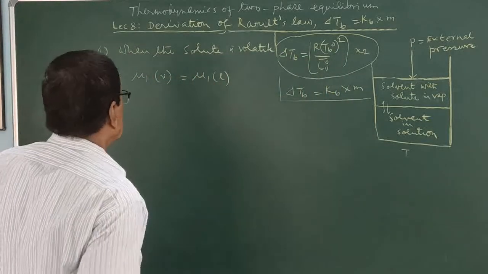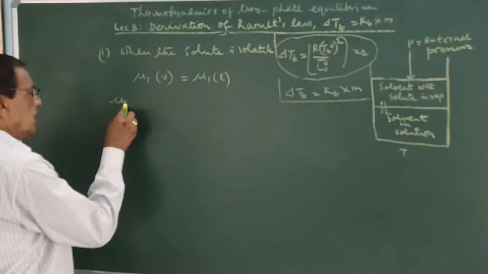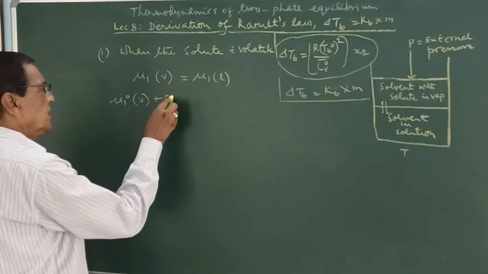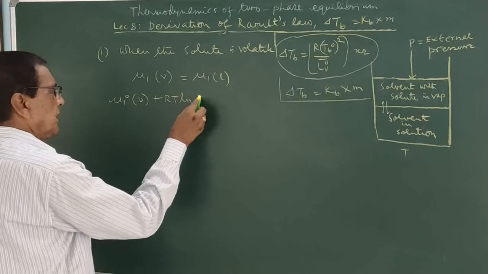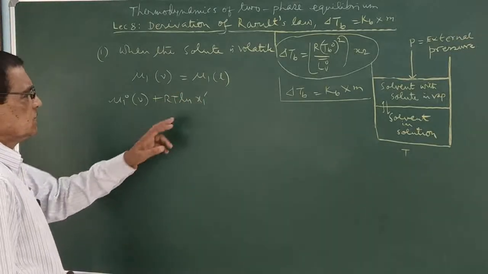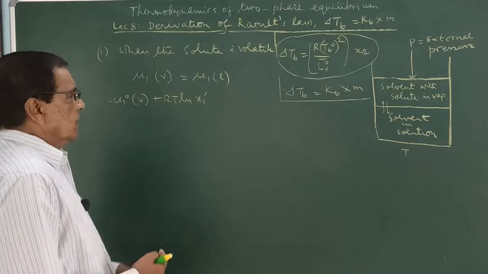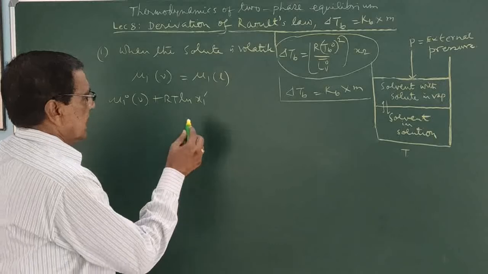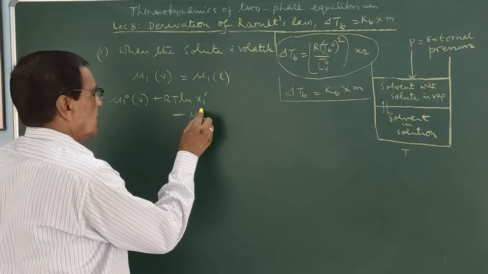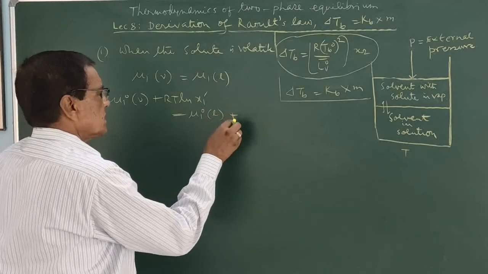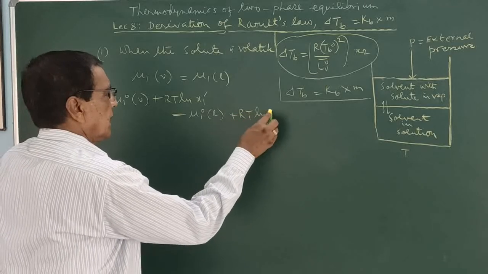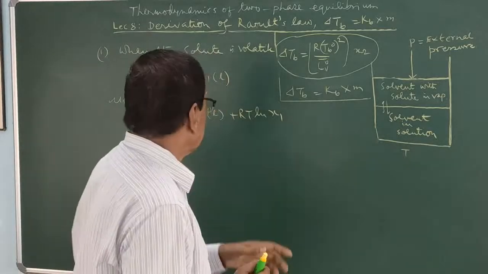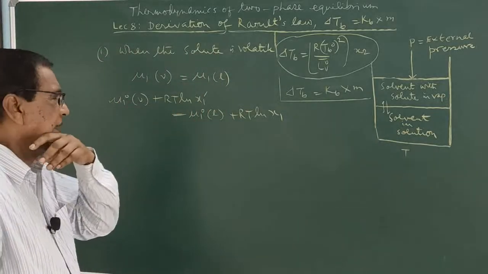Now expanding this, we can write μ1⁰(V) + RT ln x1', where x1' is the mole fraction of the solvent in the vapor phase, equal to μ1⁰(L) + RT ln x1, where x1 is the mole fraction of the solvent in the solution phase, and these are their standard values.